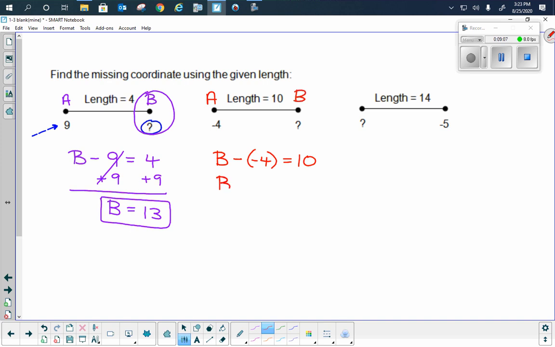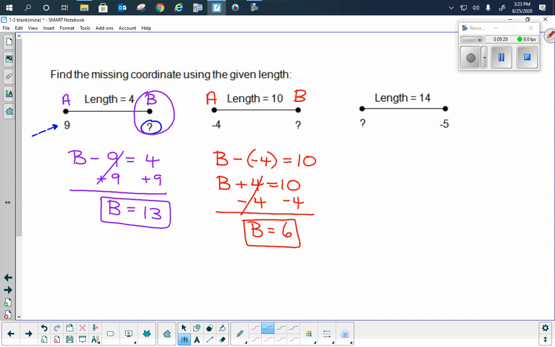If we take care of the negative negative, it's going to be B plus 4 equals 10. How would I get B by itself? I need to subtract 4 from both sides. Draw my line. Those cancel. That means B equals 10 minus 4 is 6. I'll box my answer.